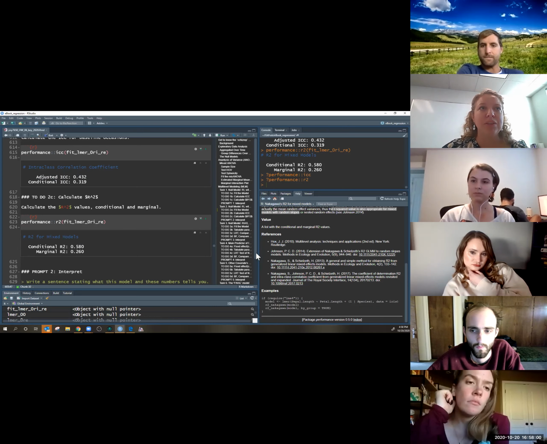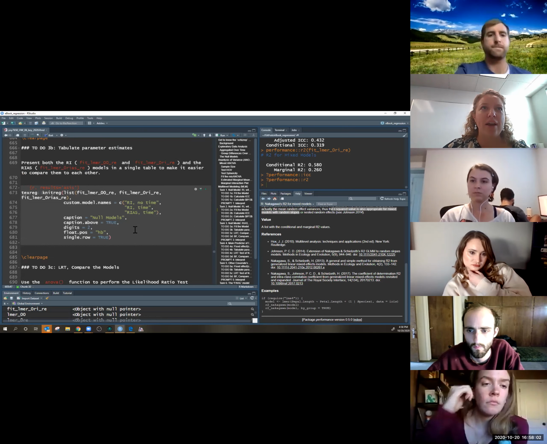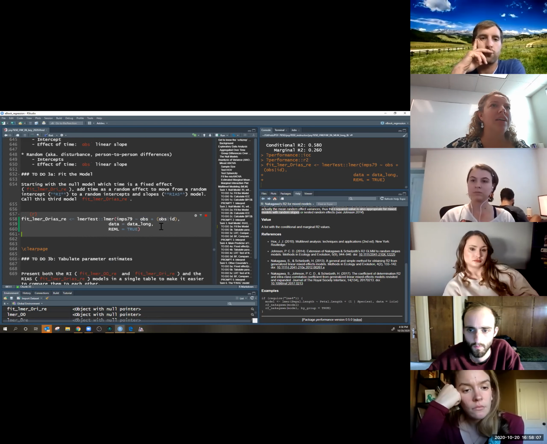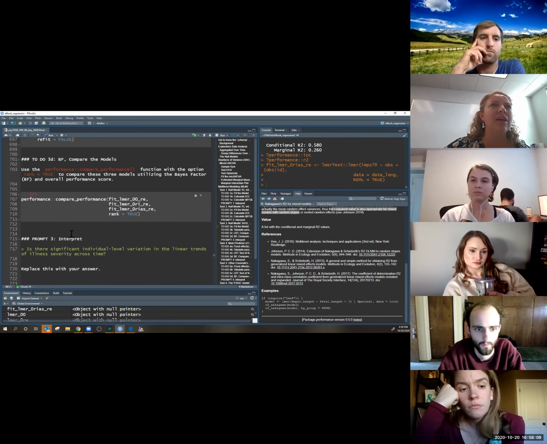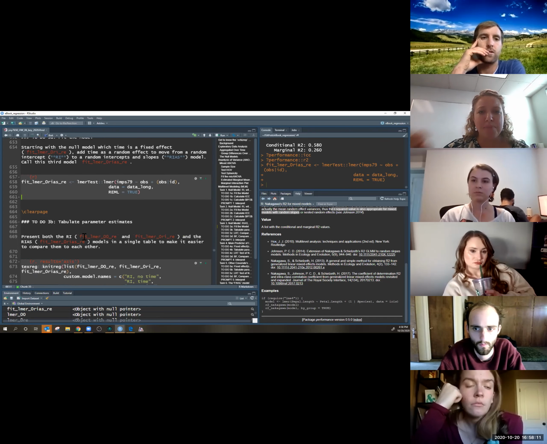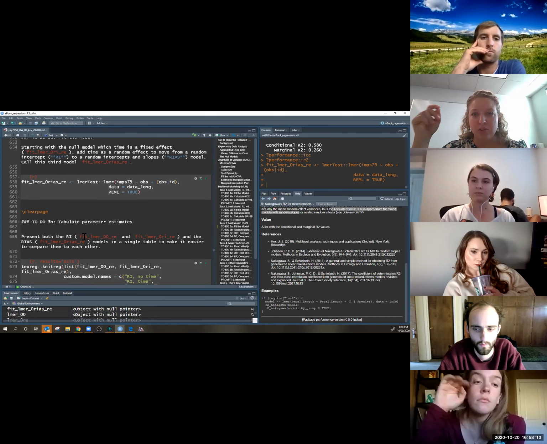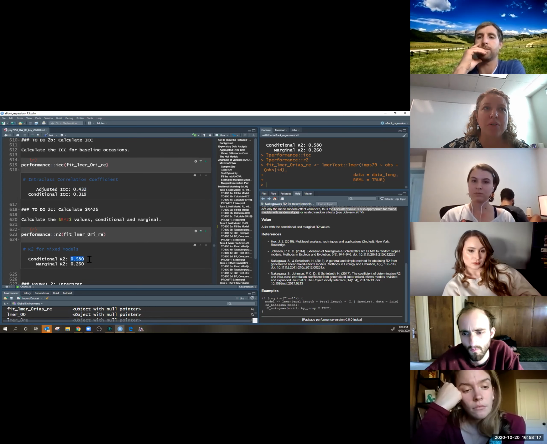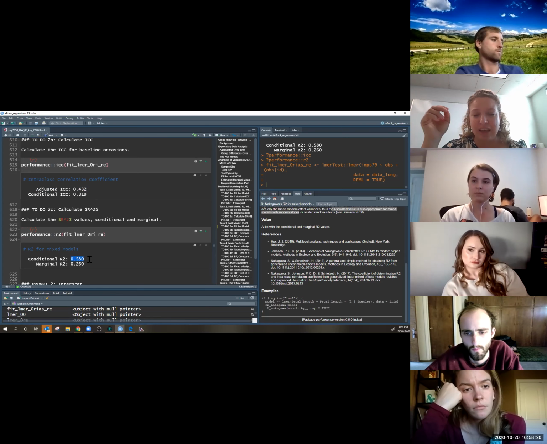Now this model didn't, but the next model has random slopes in it, right? Oh, and did I have you do ICCs? I didn't have you do ICCs for it because it gets more complex when you add in those random slopes. So I think the 0.43 and the 0.58 are trying to get at the same thing.